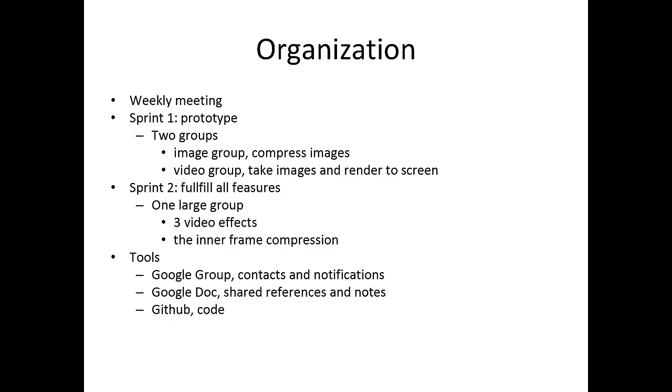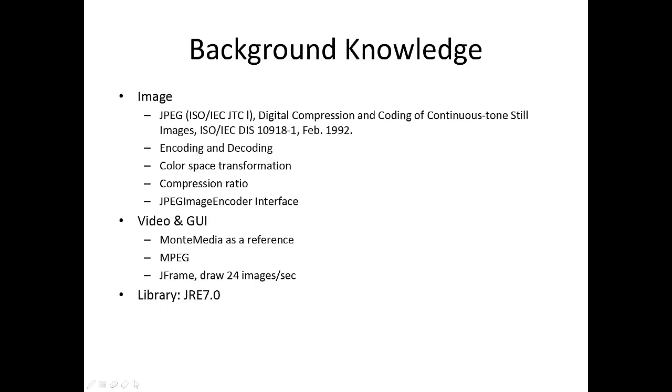The tools we used in this project: we use Google Group for contact and notification. We use Google Docs to share references and notes so that everybody could be on the same page, and we use GitHub to host our project.